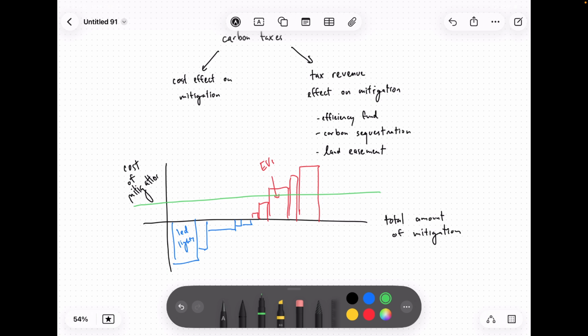And so the idea is that this stuff in blue, you kind of do anyways. These things that fall under the carbon tax would be effects that happen directly as a result of the mitigation. And then actually on top of that, you might be able to partake in some more activities from the revenues in mitigation.